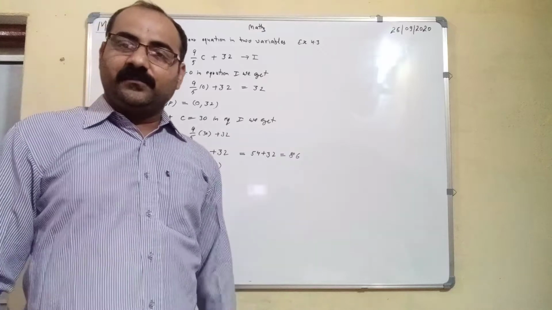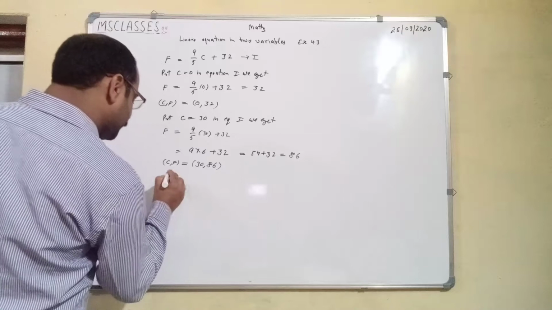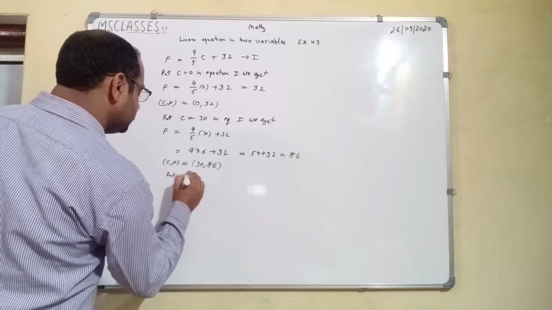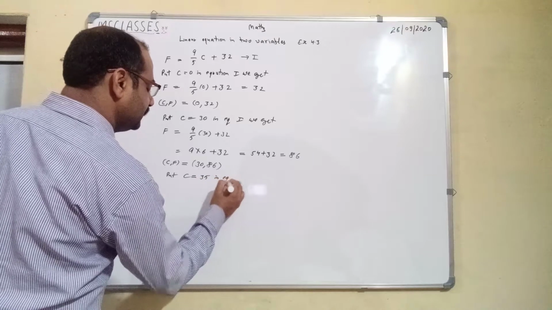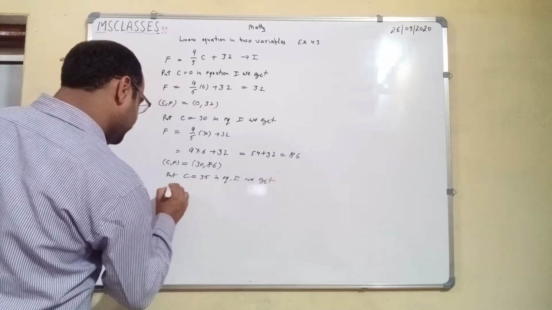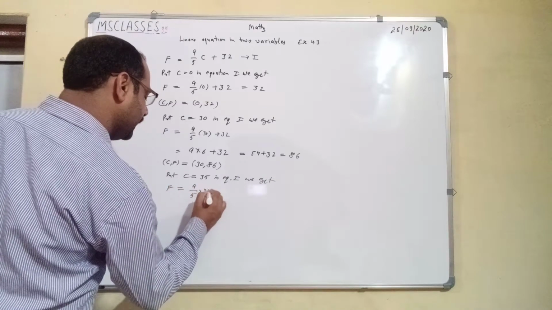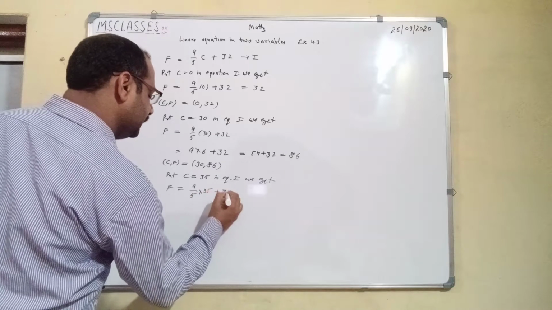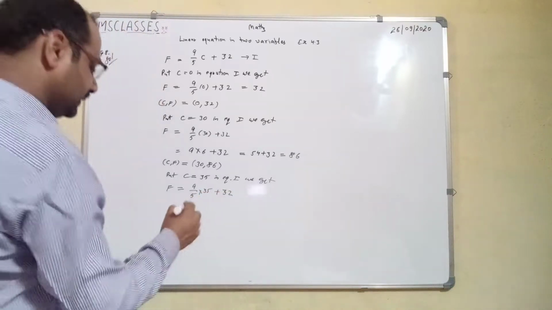Right, now guys, you will put the value of C once again, that is 35. Put C is equal to 35 in equation 1. We get F is equal to 9 over 5 into 35 plus 32. 35 over 5 is 7, since 7 fives are 35.